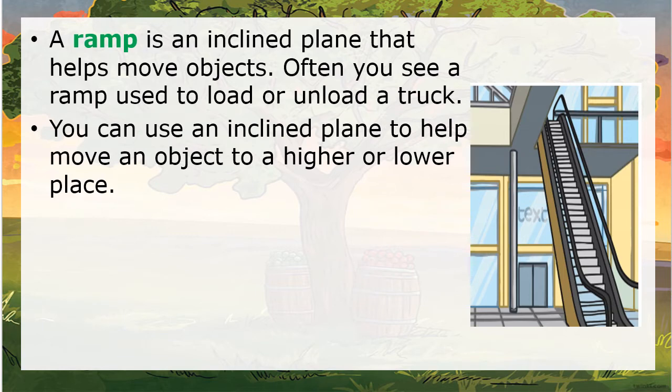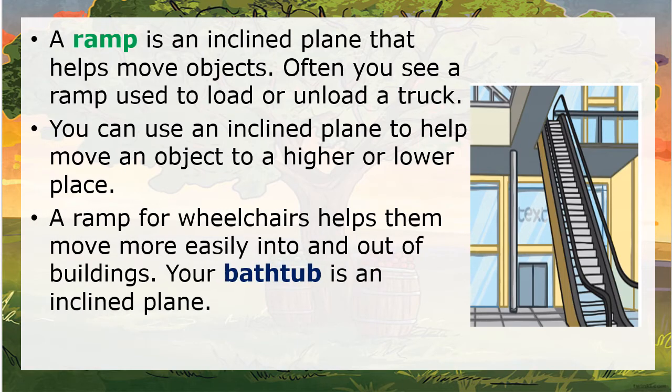You can use an inclined plane to help move an object to a higher or lower place. A ramp for wheelchairs helps them move more easily into and out of buildings. Your bathtub is an inclined plane.